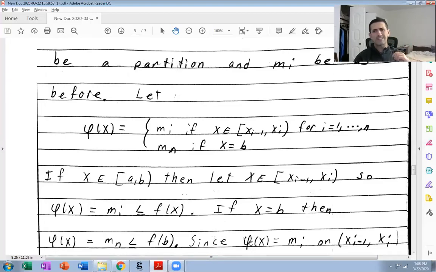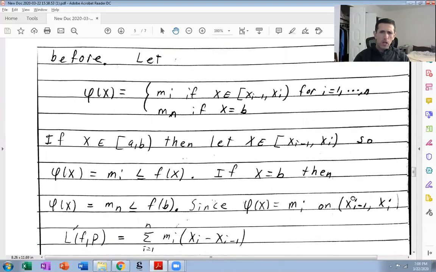All right, now, since phi of x is little mi on each of these open intervals, we have that the corresponding modified lower Riemann sum is going to be this sum here. Or rather, not by definition, but what we showed a moment ago.